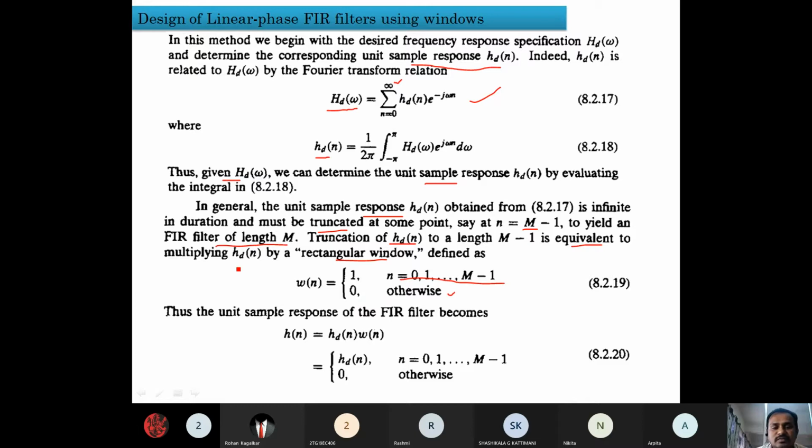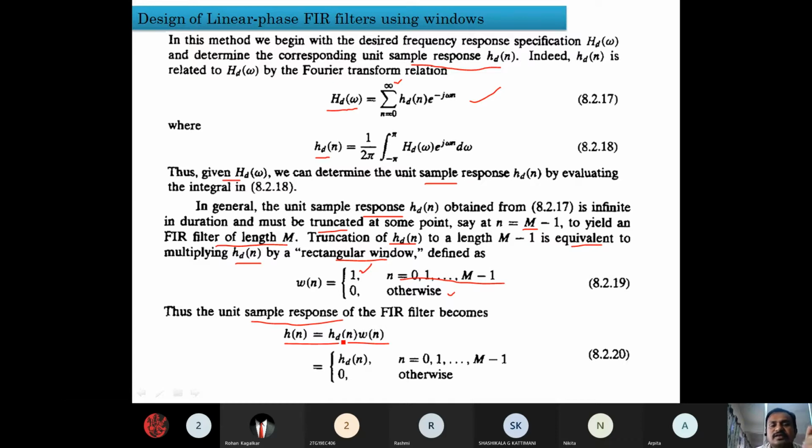So 0 multiplied with hd of n, the impulse sample response, gives 0 itself. Within that window, if we multiply hd of n with the value 1, the answer is hd of n itself.